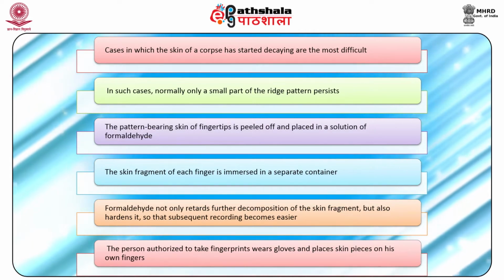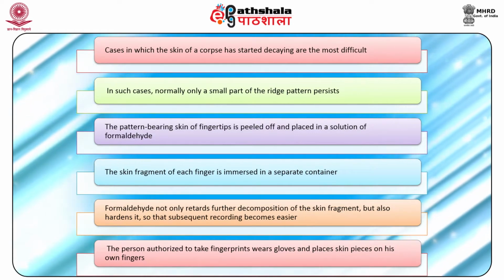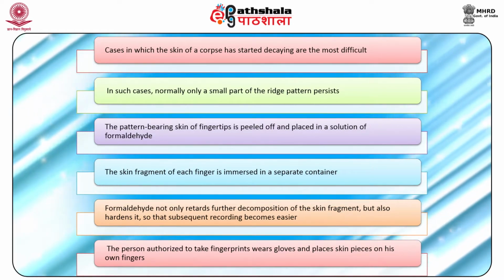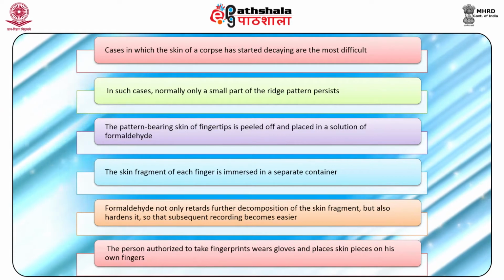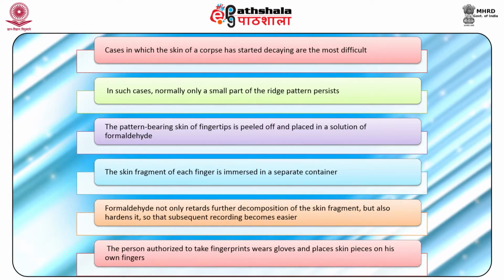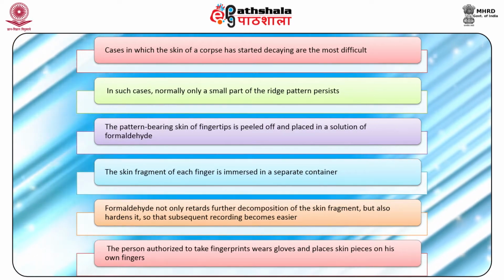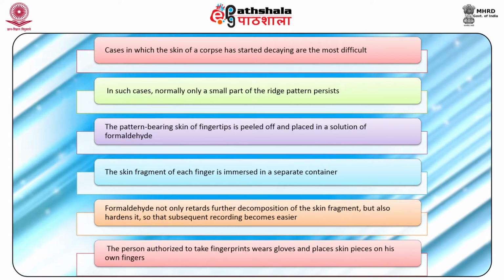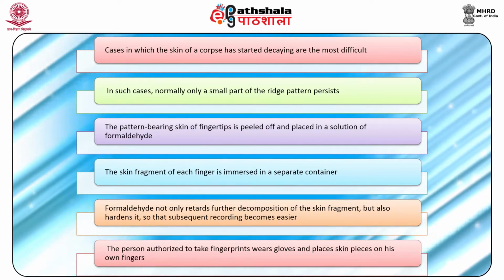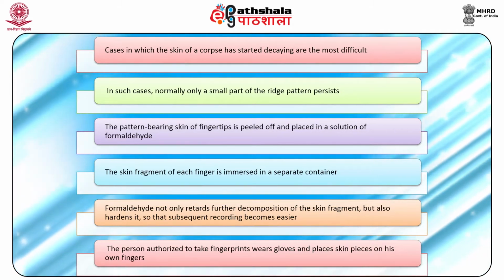In such cases, normally only a small part of the ridge pattern persists. The pattern bearing skin of fingertips is peeled off and placed in a solution of formaldehyde. The skin fragment of each finger is immersed in a separate container.